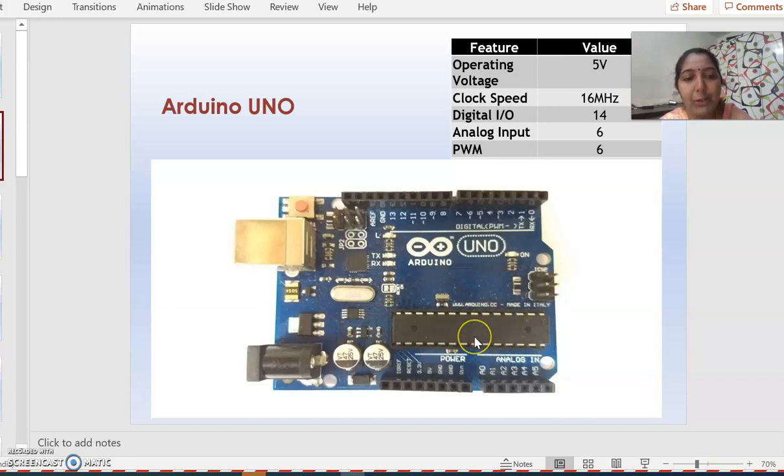So 80 refers to the Atmel Corporation, and presently this Arduino Uno board contains the Atmega 328P microcontroller. This is the basic unit of this Arduino board, which accepts the inputs, processes the calculations, and controls the output devices.